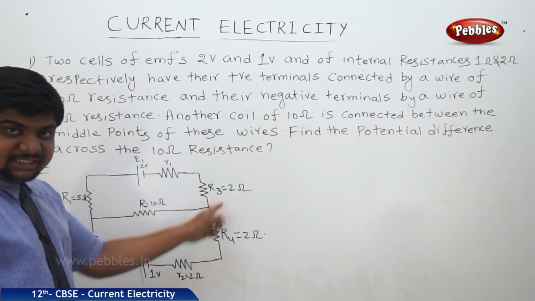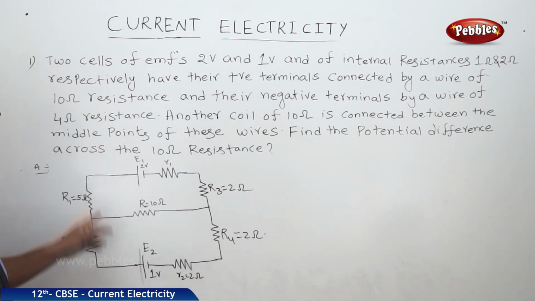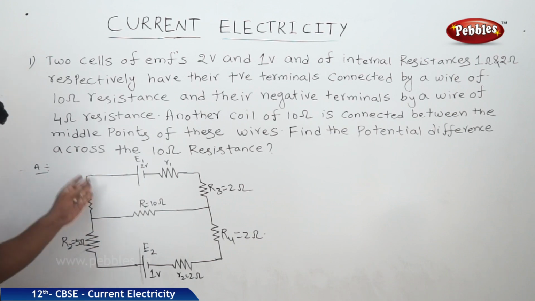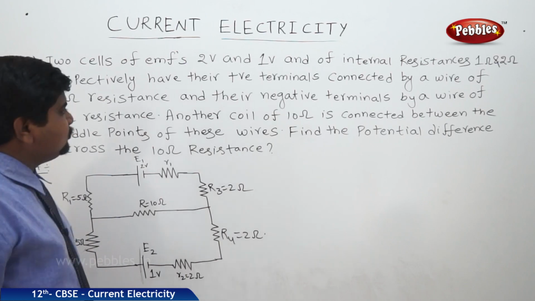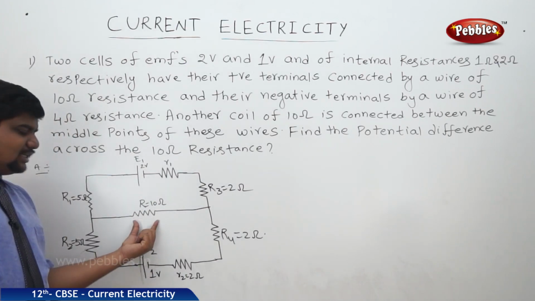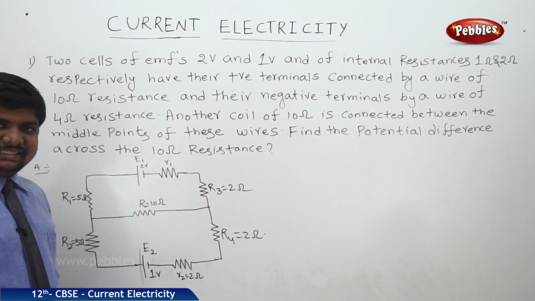R3 and R4 are in series, so we can write 4 ohms for the negatives. R1 and R2 at the positive ends are in series too. Find the potential difference across the 10 ohms resistance.